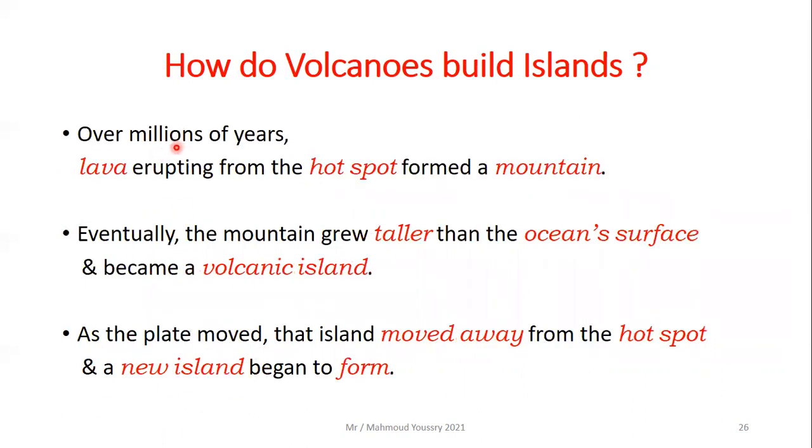Over millions of years, lava erupting from the hot spot formed a mountain. Eventually, the mountain grew taller than the ocean surface, so it became a volcanic island. As the plate moved, it carried the volcanic island. That island moved away with the plate from the hot spot, and a new island began to form again.